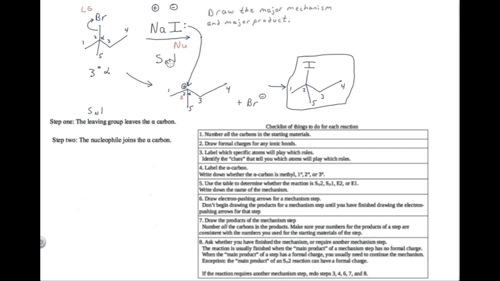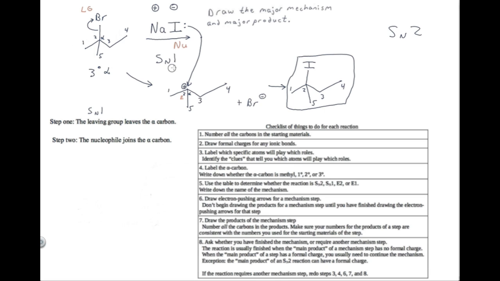If you don't write down that the mechanism is SN1, it's easy to get confused and accidentally start doing the mechanism for an SN2 reaction. Let me emphasize that. In the previous video series, we got lots and lots of practice with SN2 mechanisms. And now we're trying to shift gears and start doing SN1 mechanisms.